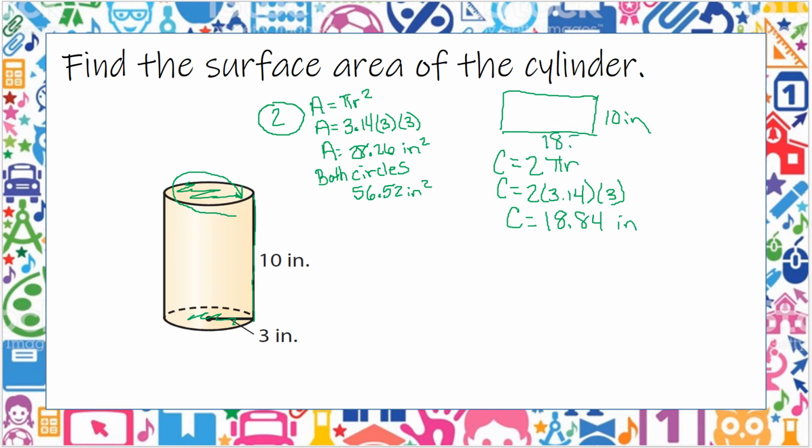That tells me that that's that side of the rectangle. So then all I have to do is multiply by 10 to get the area of the rectangle. Because remember, the area of a rectangle is length times width.